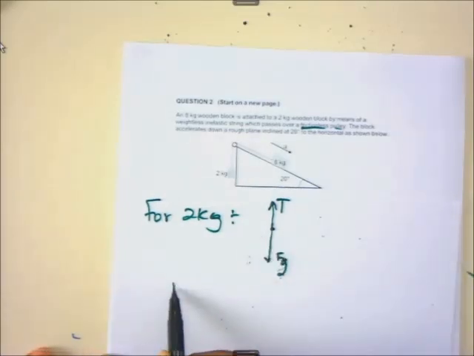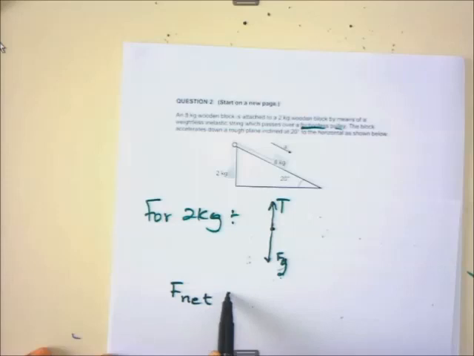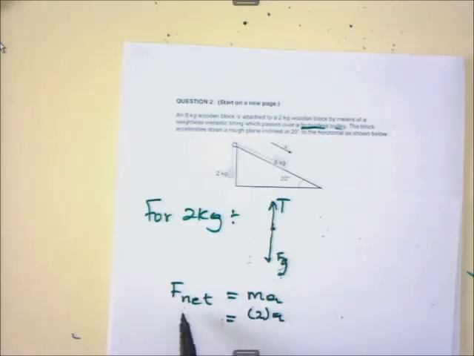Then I said to you, whatever you are asked to calculate, start by writing down F net is equal to ma. We have 2 kg and we are required to calculate acceleration. We prove that acceleration is 0.7. Now we have two forces, T and Fg, and we know that Fg is equal to mg.